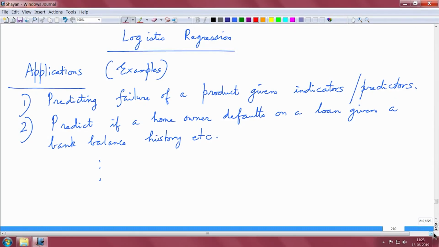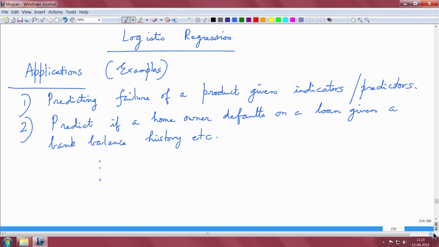Before we begin with the details of the model, let us look into applications where logistic regression can be used. There are many examples; I will state a couple here. The first application would be predicting the failure of a product given various indicators, and these indicators can be various predictor variables.